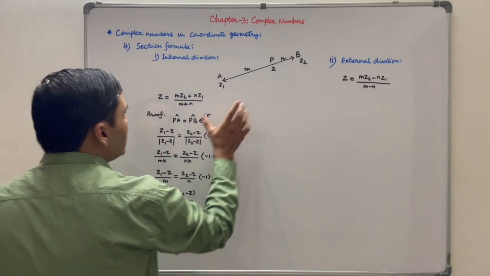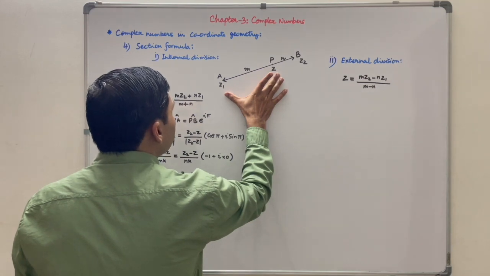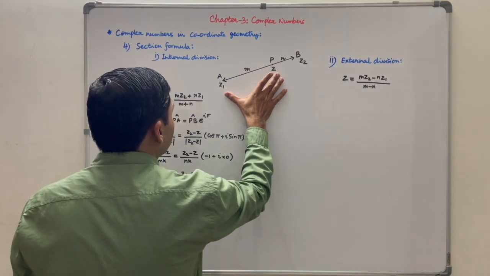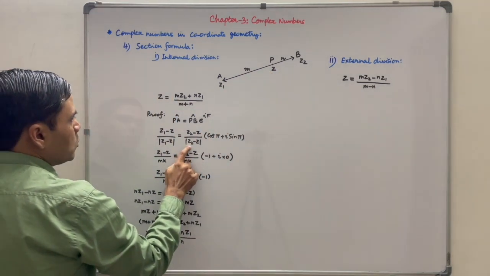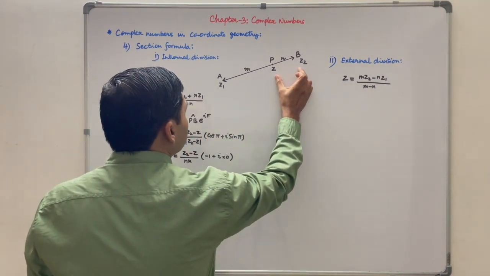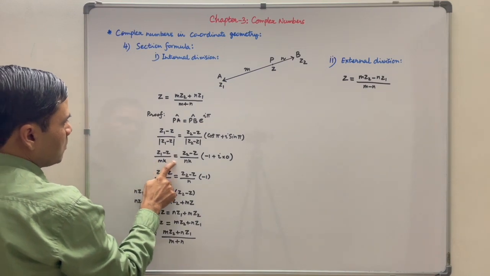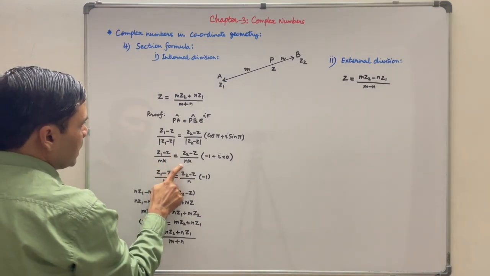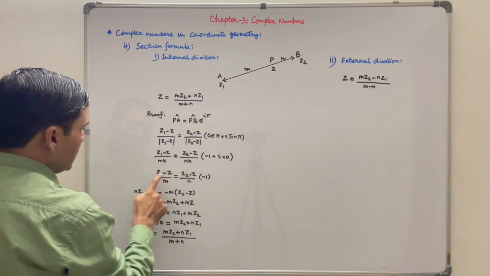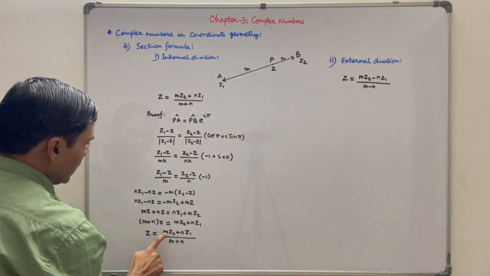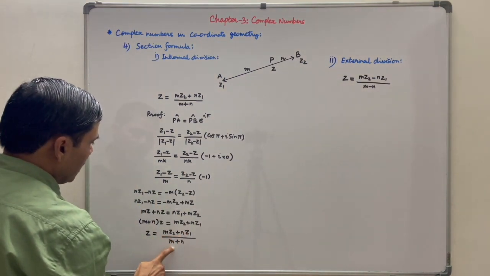Mod (z1 minus z) is equal to, let's say, mk, where k is a common multiplier. So mod (z2 minus z) is equal to nk. So we get (z1 minus z) upon mk is equal to (z2 minus z) upon nk into minus 1. So we get z is equal to (m z2 plus n z1) upon (m plus n).